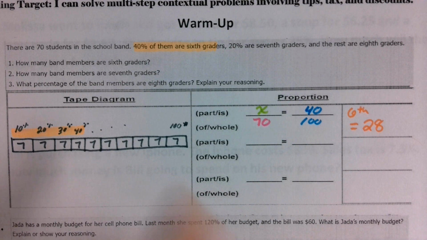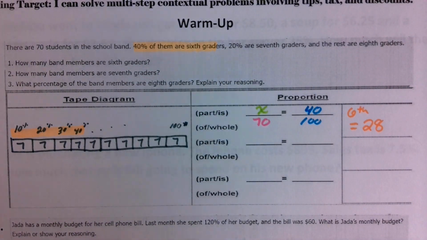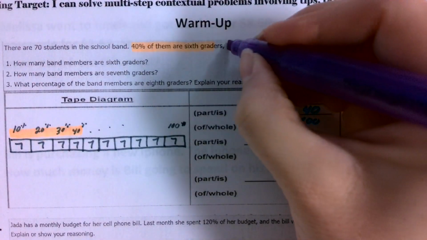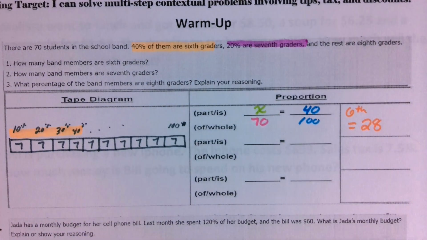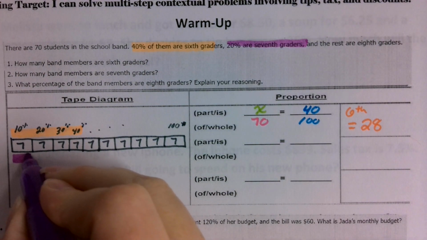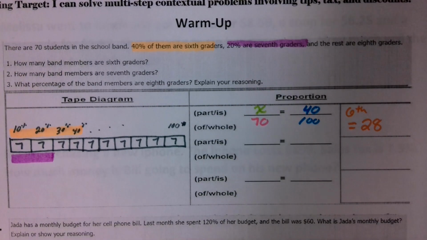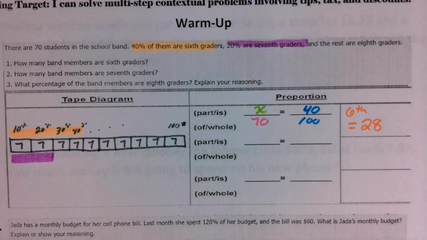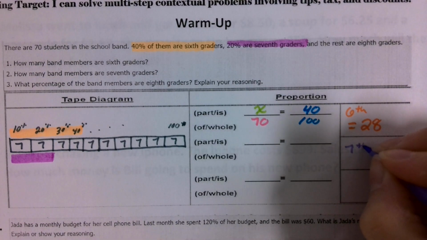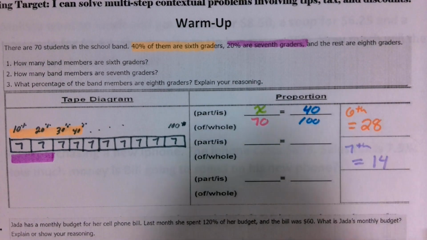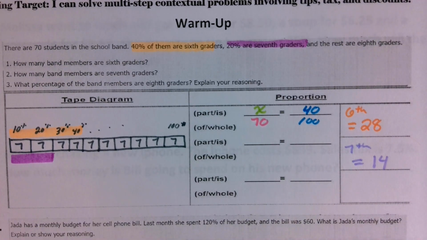Now, if we focused on the 7th graders, for 7th grade, it says 20% are 7th graders. So if I look at my tape diagram, 20% would just be these first 2 boxes. So how many 7th graders should I expect? 14. So again, we're going to go ahead and double check that with our proportion.